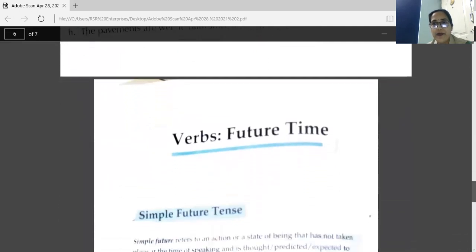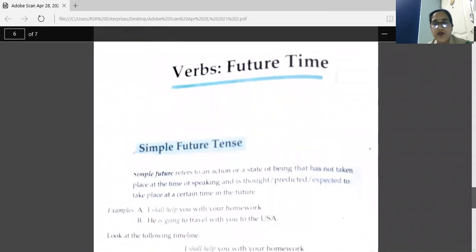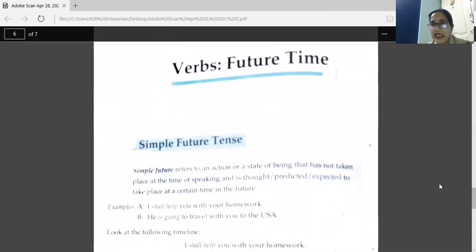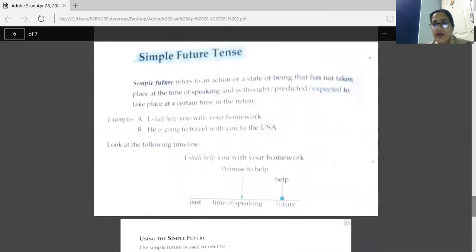Next now, I'm taking future tense. Past we have completed. Now starting with future tense. Future tense also has 4 forms: simple future, future continuous, future perfect, and future perfect continuous. First, we have simple future tense. Let's see what's written here.